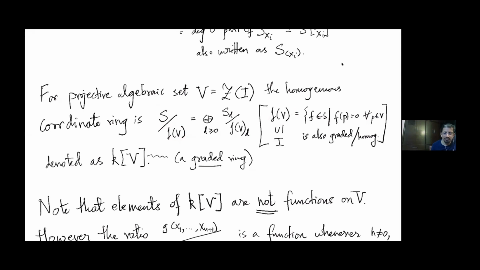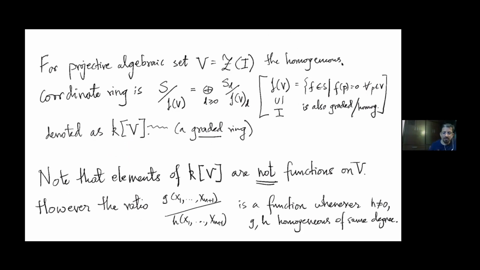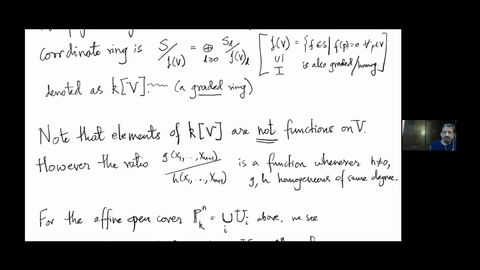Therefore S mod I(V) will also break up into a degree d part for each d, so it's a ring which admits this decomposition. This is the grading on the quotient ring S mod I(V). This is my coordinate ring, which I'll call K[V]. It's what is called a graded ring. Maybe I should talk about it a bit more in the next lecture. I'll come to that later. So this is a graded ring.